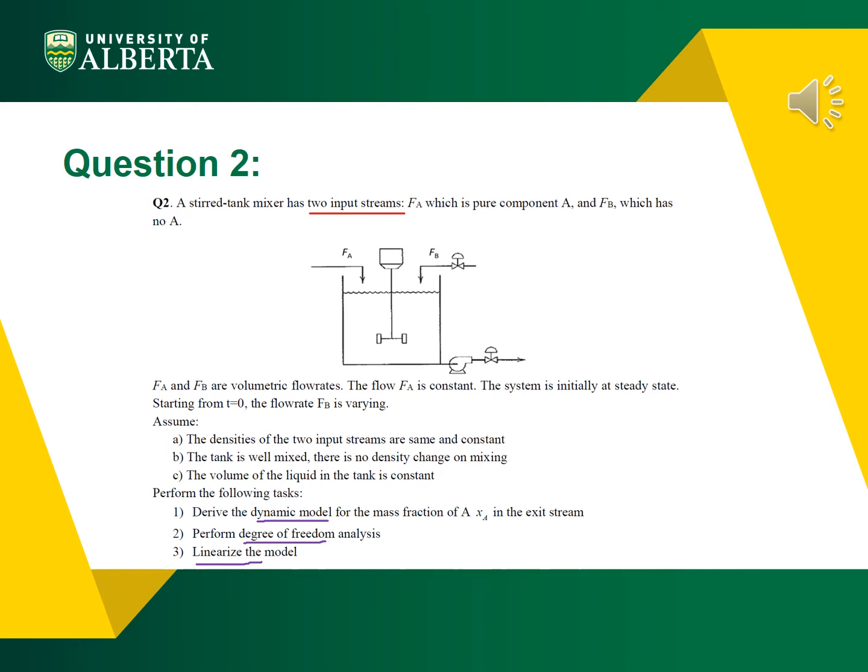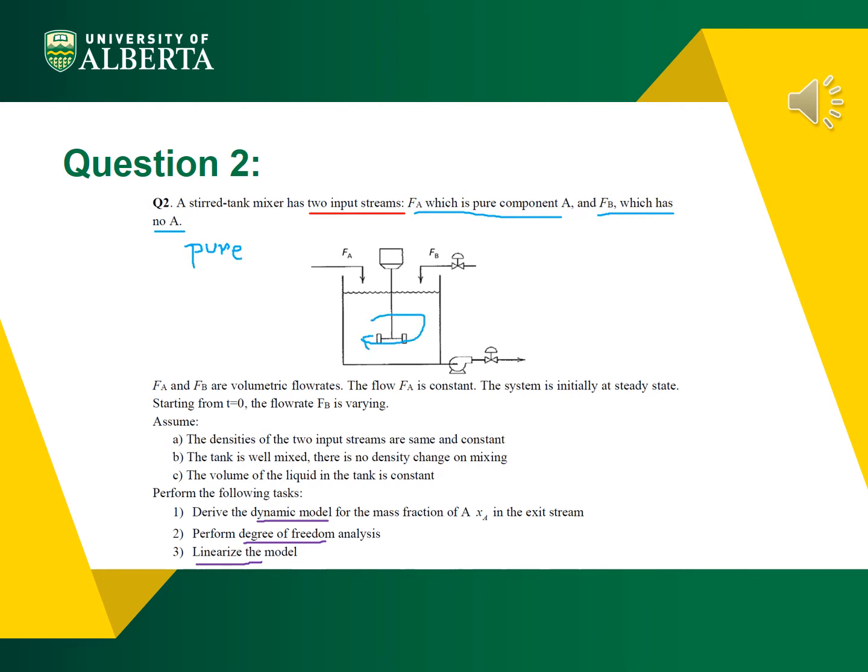So here, let me read out the important points which they have given to you in the question. So the components FA and FB are both pure, which is mentioned right here. FA, which is pure component A, and FB, which has no A. So both of them, FA has only A and FB has only B, and they are mixed in the reactor.